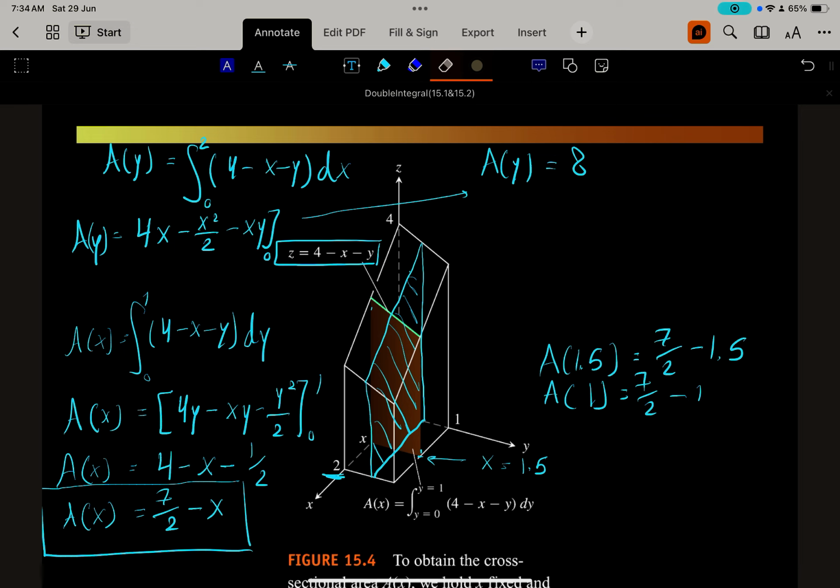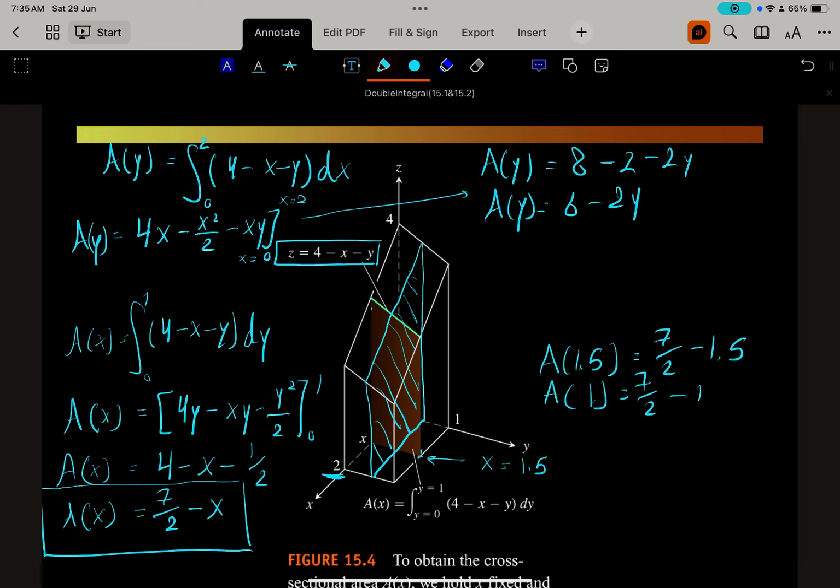Now we're substituting here x equals 2, just to not mess up between x and y. And then here is 4 over 2, which is 2, minus 2x. So A of y equals 6 minus 2x, sorry, 2y. I was just talking about not messing up. So 6 minus 2y.